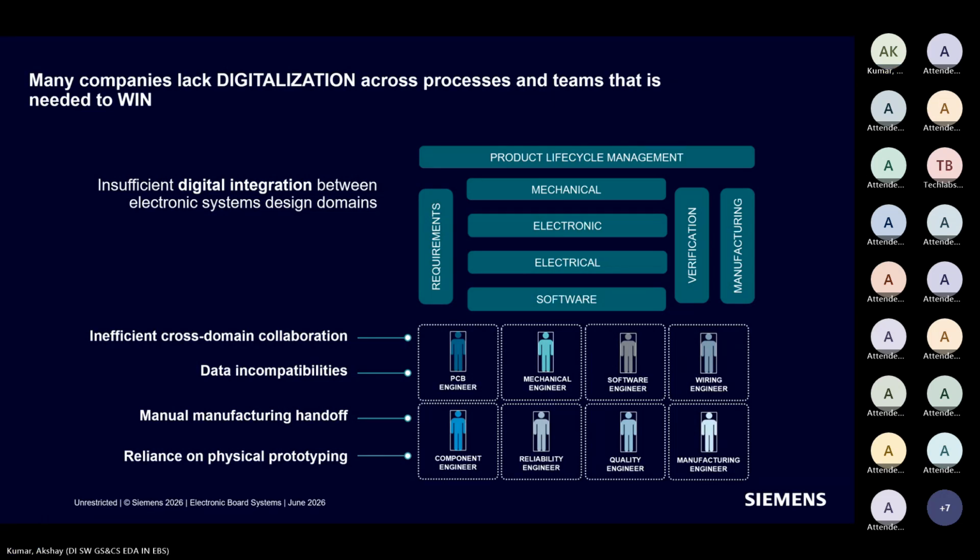That is what we call missing digitalization: when you are not able to connect one team to another seamlessly, or you need multi-thread communication to exchange data between teams. That is what we call a lack of digitalization.